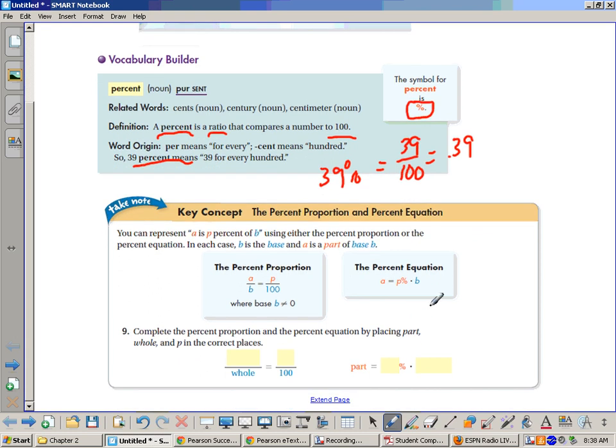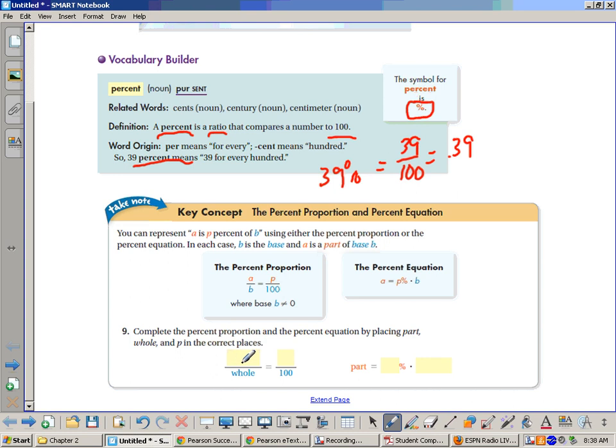Key concept that you can use on your note sheet for any tests or quizzes. We're going to talk about how to set up percent problems using proportions or equations, and you can use either one. I will not make you use one over the other. You can represent A is P% of B using a percent proportion like this. A and B would be set up as a fraction as the part and the whole.